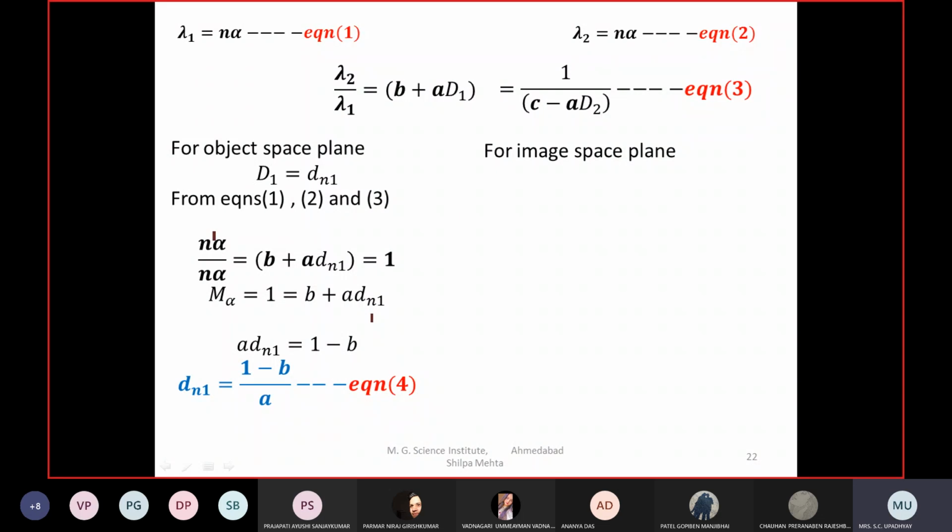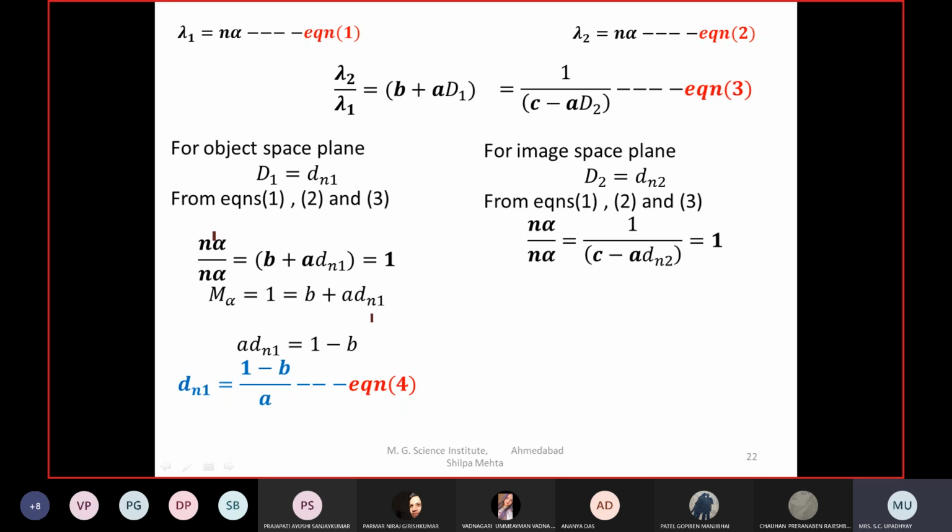Similarly for image space, what should we take for d2? dn2, nodal point 2. So d2 equal to dn2, and at dn2 the angular magnification n alpha upon n alpha is equal to unity. So in the equation c minus ad2, with d2 equal to dn2, that is equal to 1.